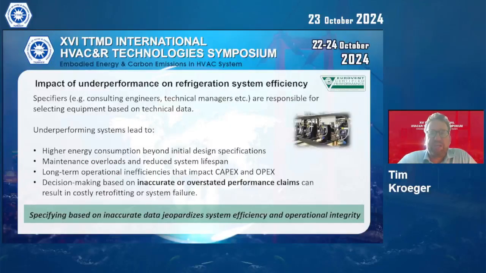In terms of the CapEx, we have a little bit of a false economy, because obviously if manufacturers over-declare their performances and under-deliver them, typically they offer their equipment well below market price, compared to other manufacturers who are certified and whose capacity ratings are verified. It certainly has an impact on the operational expenditure, and this can be very, very significant, as we will see in a later case study.